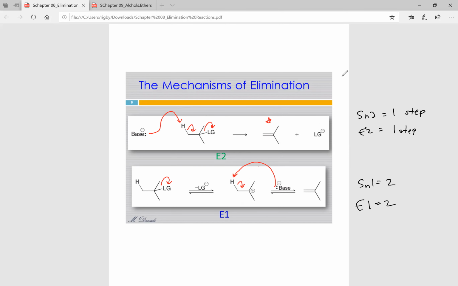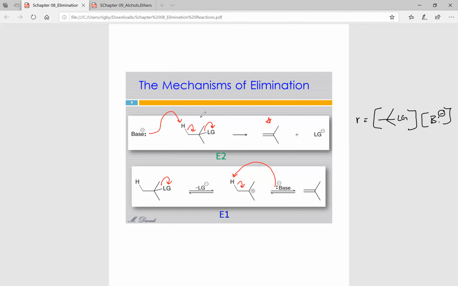And if we talk about the rate equations here, if we remember when we talked about the rate equation for SN1 and SN2, the rate equation for SN2 included both the substrate, which is our alkyl halide, and our nucleophile. In the same vein, our E2 reaction is going to include both our alkyl halide and our base. I'm just going to put B for base, okay?